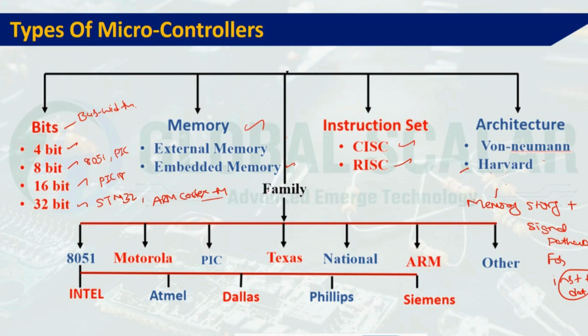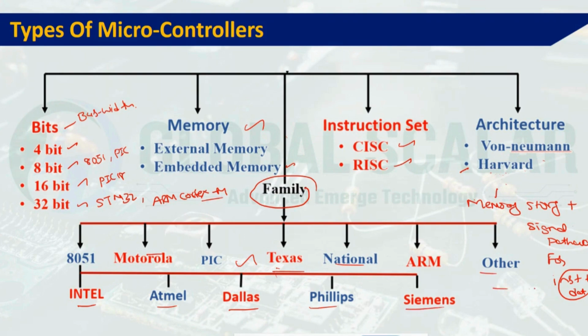So there are many companies that started designing microcontrollers, with different architectures, different instruction sets, memories, and bits. Initially it was the Intel company, and later Motorola; they started designing the Atmel controllers, and Dallas, some of the companies started working on the PIC controllers, and like Texas, Philips, National Semiconductor, and Siemens.